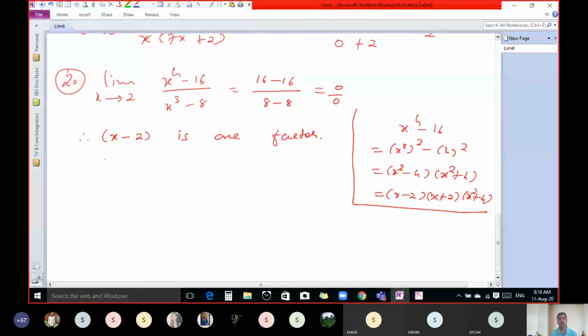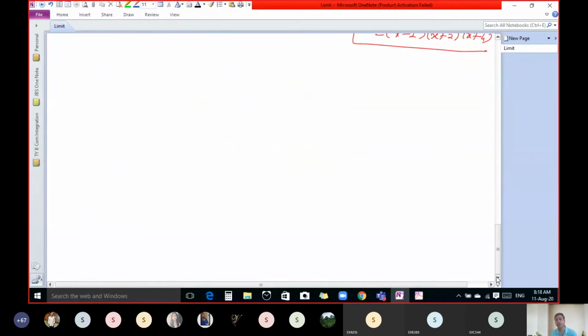So the numerator is x minus 2, x plus 2 and x square plus 4. Now for the denominator, x cube minus 8. For that you have to use the simple rule, a cube minus b cube.